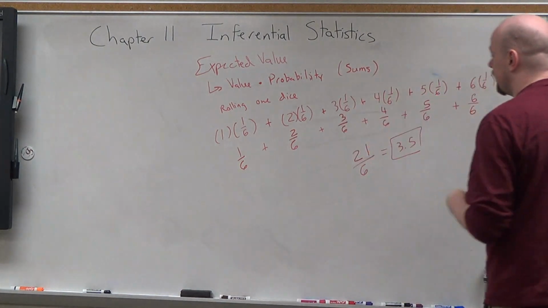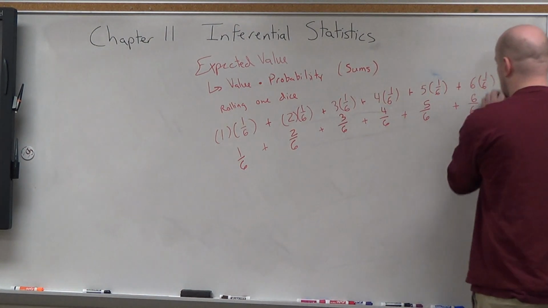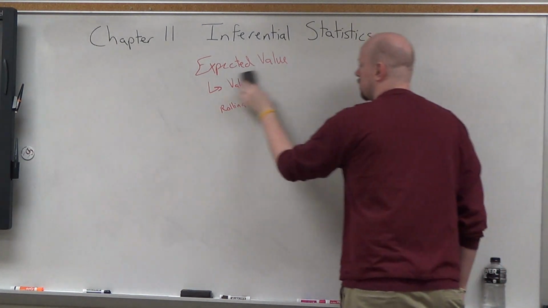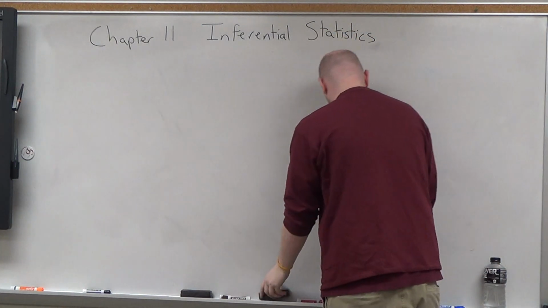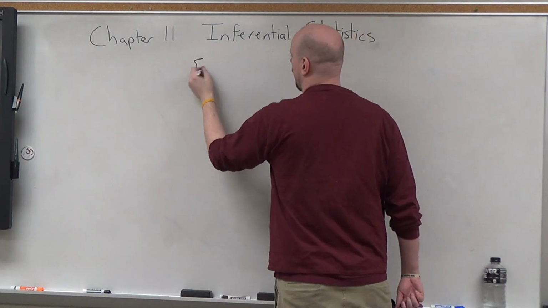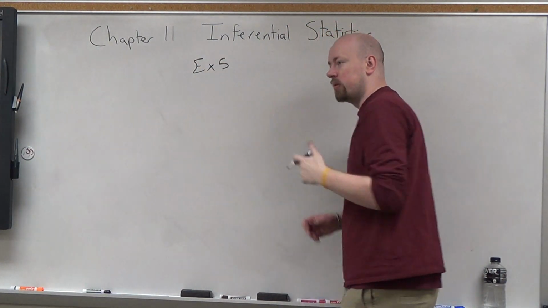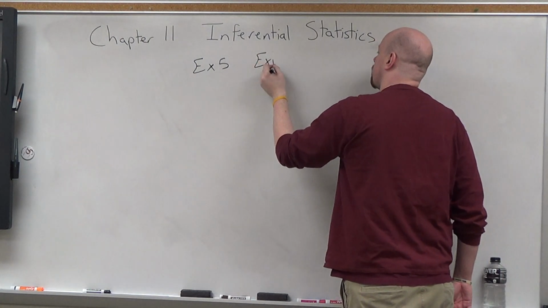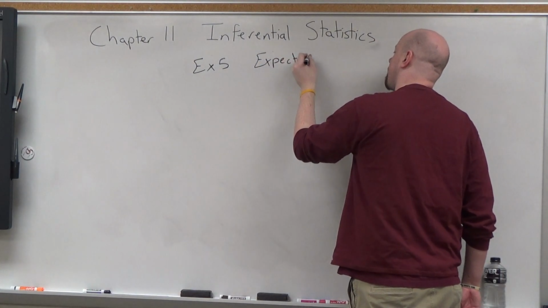Okay, so let's do an example. This would be something like example 5. I made a quick one just because I didn't want to take so much time, but if you wanted to go through a more in-depth one, that's fine.